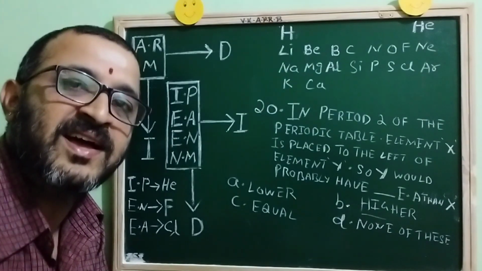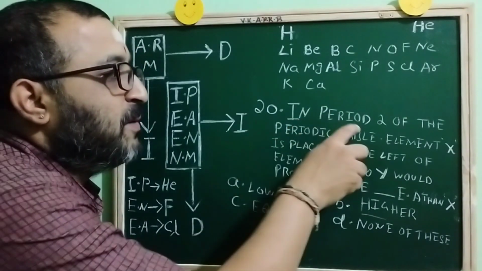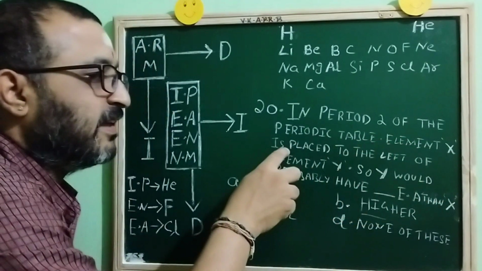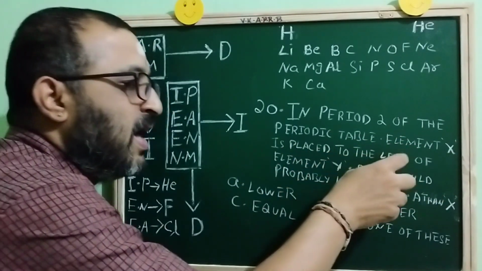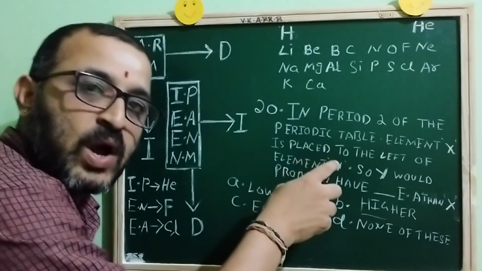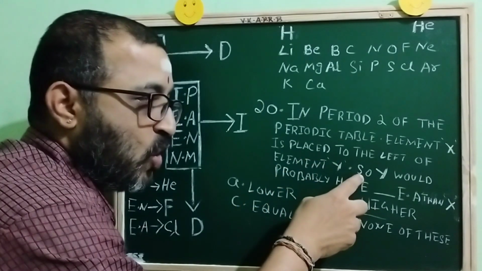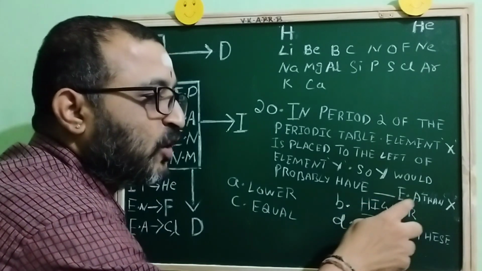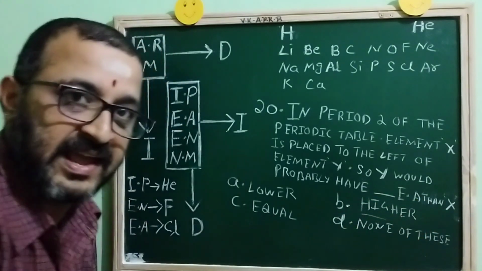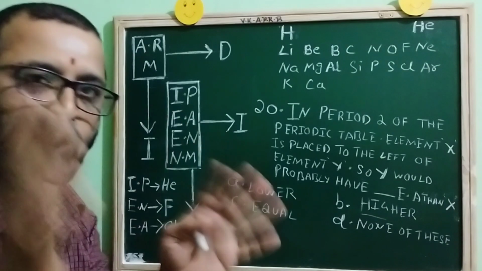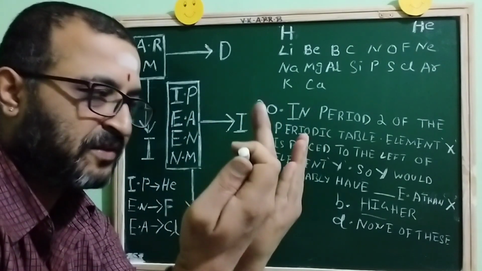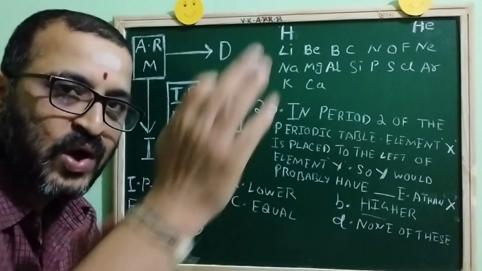Okay children, let us move on to the next question. In period 2 of the periodic table, element X is placed to the left of element Y. So, Y would probably have a dash electron affinity than X. Okay, children? Common sense says that if I hold a periodic table in the hand, we say left to right.